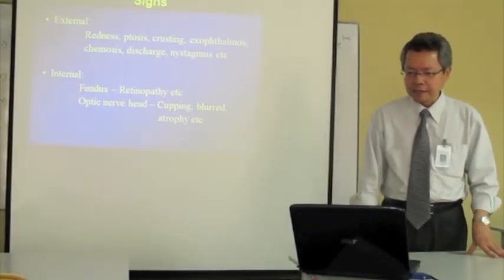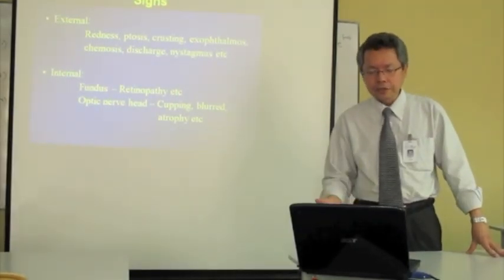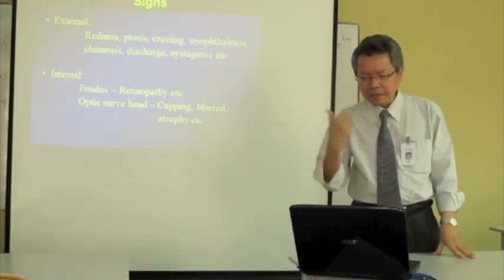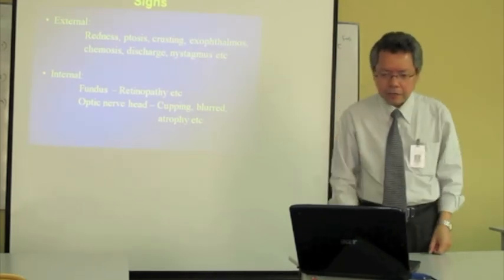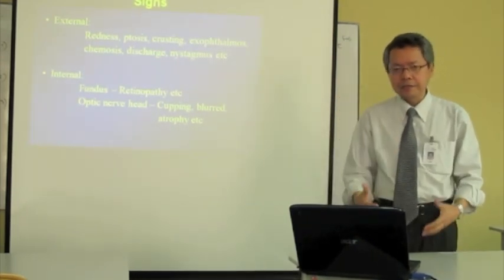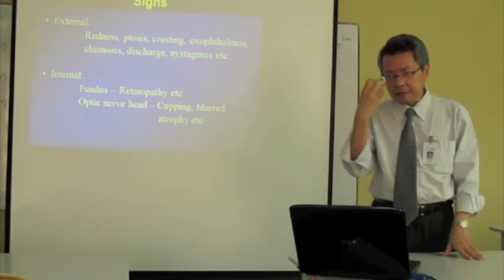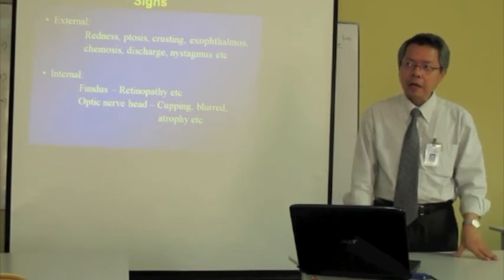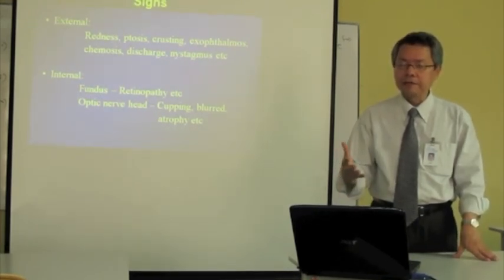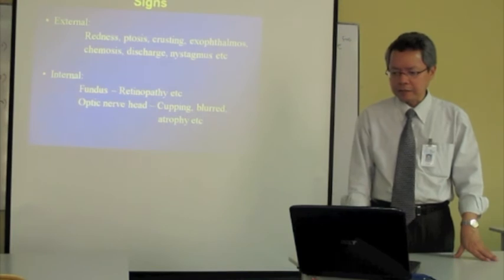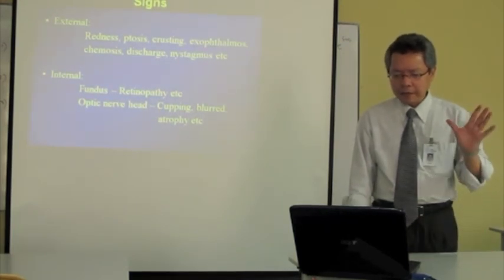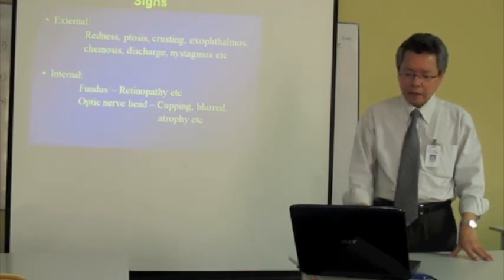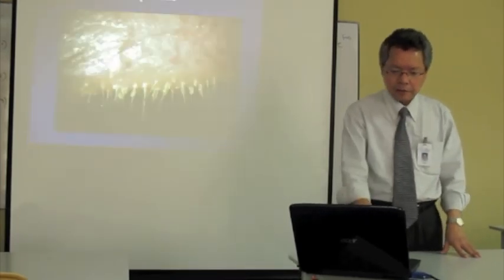As far as the external signs are concerned, we have redness of the eye, ptosis, which is eyelids coming down, crusting, things that are found on the lids, exophthalmos, eyeballs bulging out, chemosis, swelling of the conjunctiva, discharge, anything that's part of the watering of the eye, nystagmus, involuntary movement of the eye.